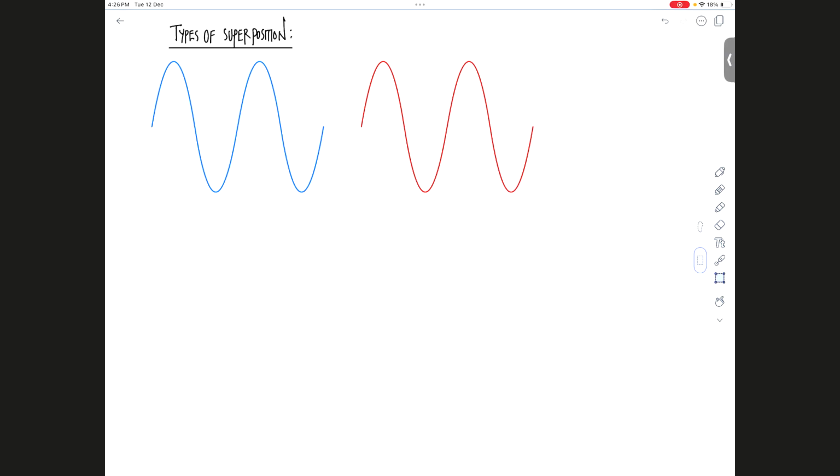Right, screen it too. So our syllabus deals with only two superpositions in particular. Those two we are now going to observe. So let's see what's happening here.